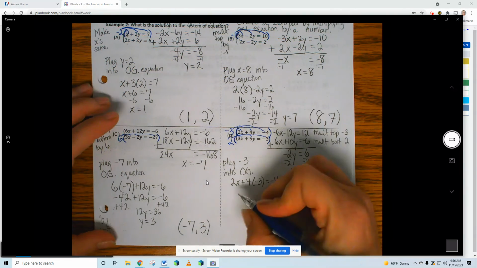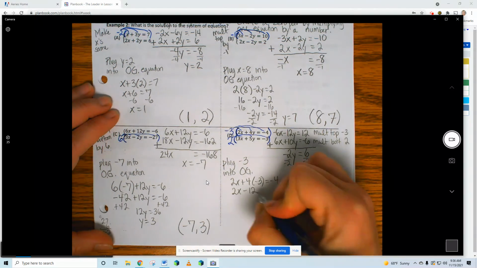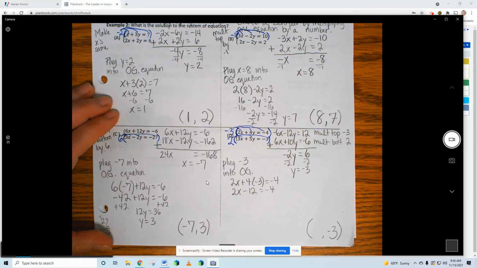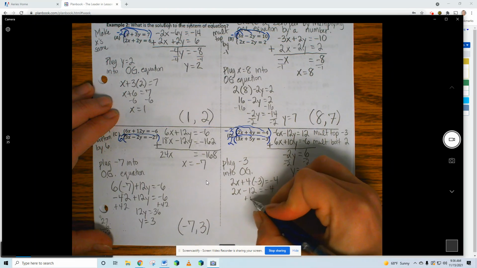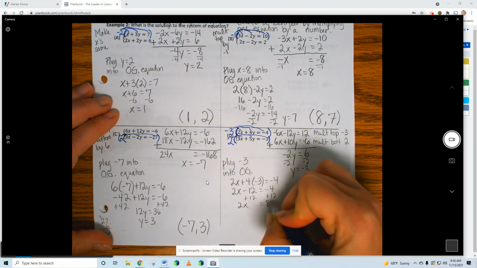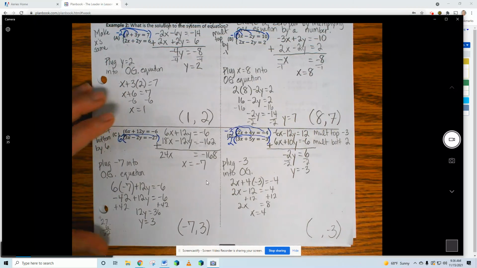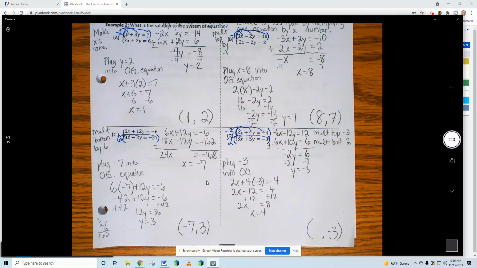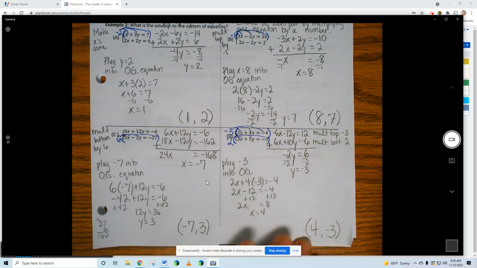All right. 2x minus 12 equals negative 4. Solve. Should be something you don't need my help with. Isolate the x. And then you got 4.